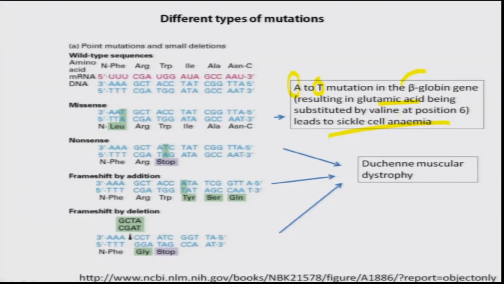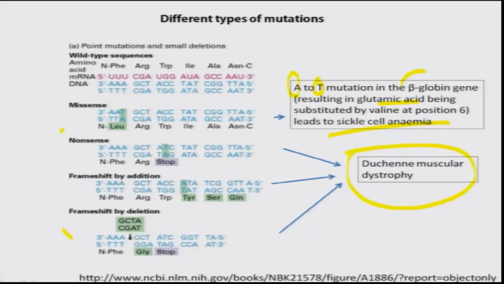Now in other conditions wherein you have a stop codon or nonsense mutation, wherein you have introduced a stop codon, or there is a frame shift where the reading frame has been altered because of insertion or deletion, it can affect the gene function. One example again is one form of muscular atrophy wherein the muscle degenerates, gives up, therefore you lose all your strength, resulting from a particular gene which codes for a protein which is present in the muscle.